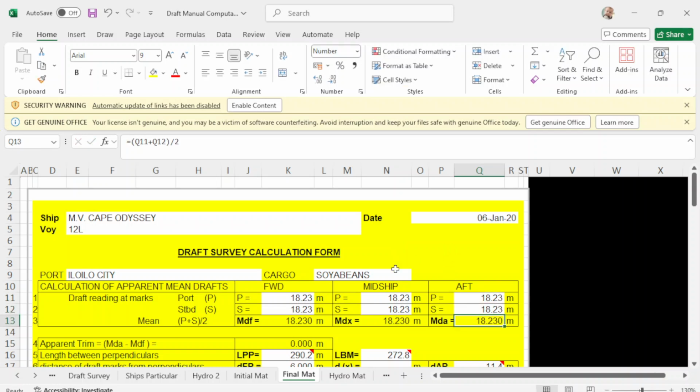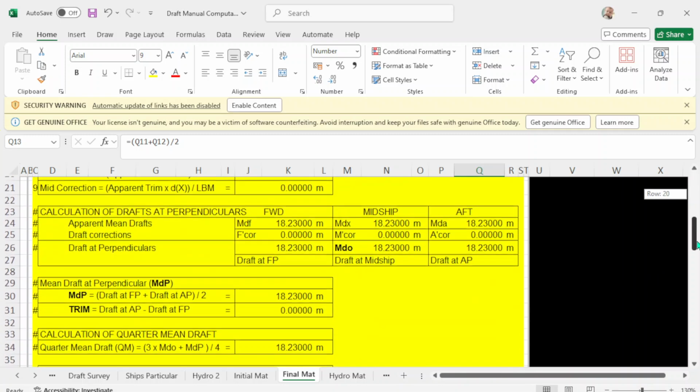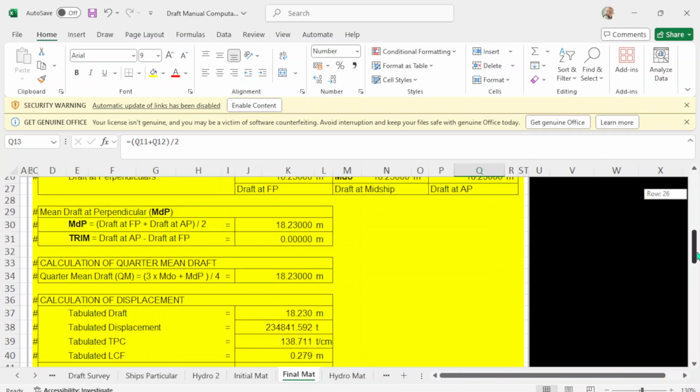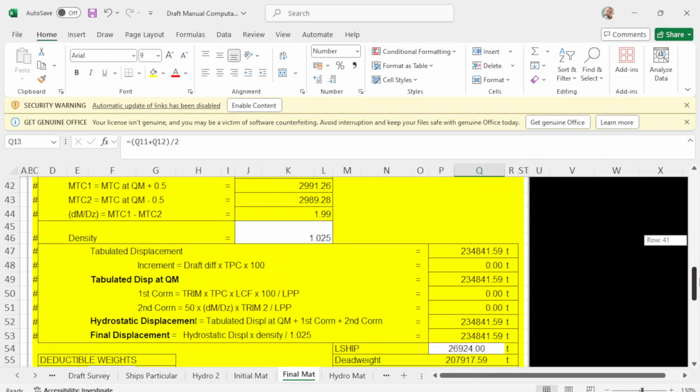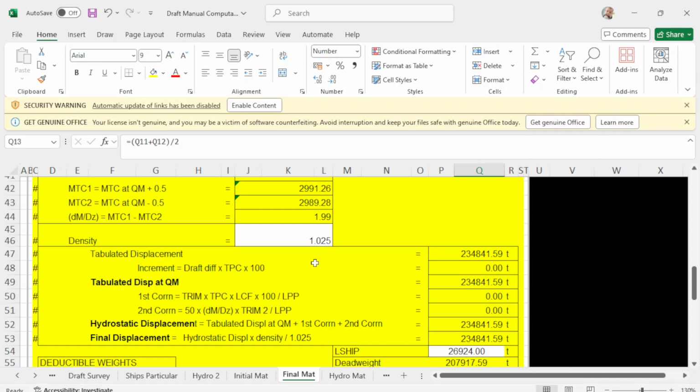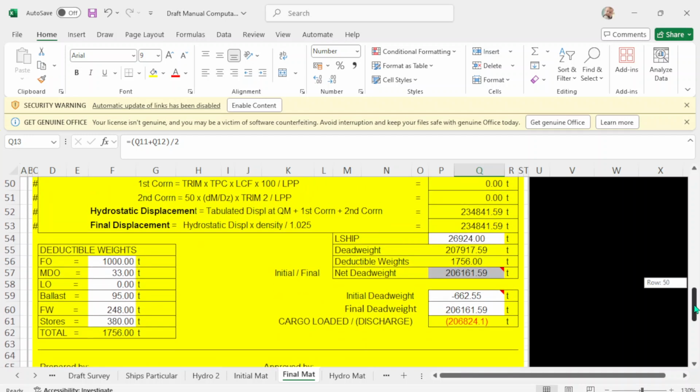Okay, so we have now this quarter mean of 18.23, and this will be your displacement. Your density at final draft is 1.025, and we will input now the ROBs.